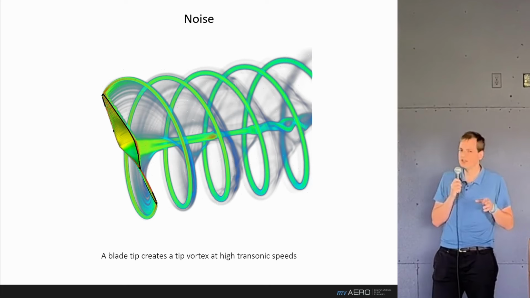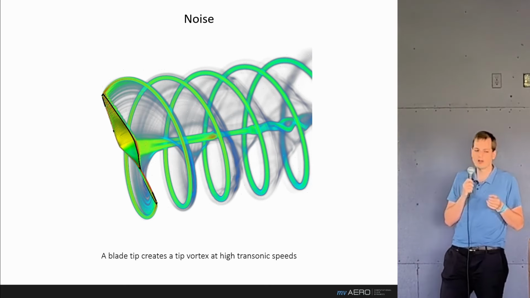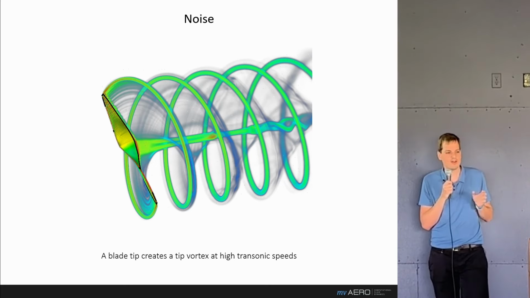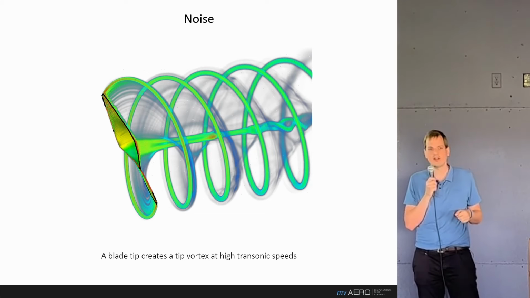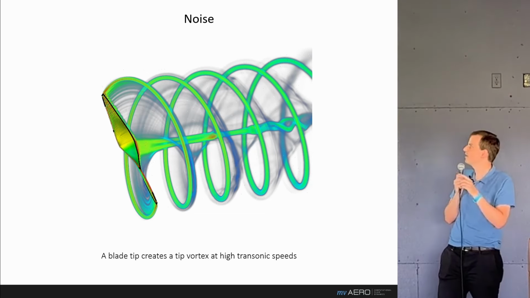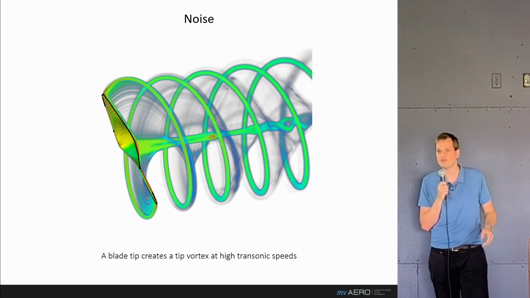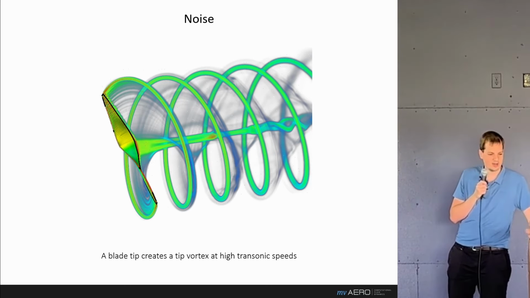Because not only is the blade tip creating a tip vortex, not unlike a wing, but remember that the blade tip is also moving very fast. So this pressure release at the tip that causes that vortex is happening at very high transonic speeds. And it's precisely the combination of these two that is responsible for a very high noise signature.